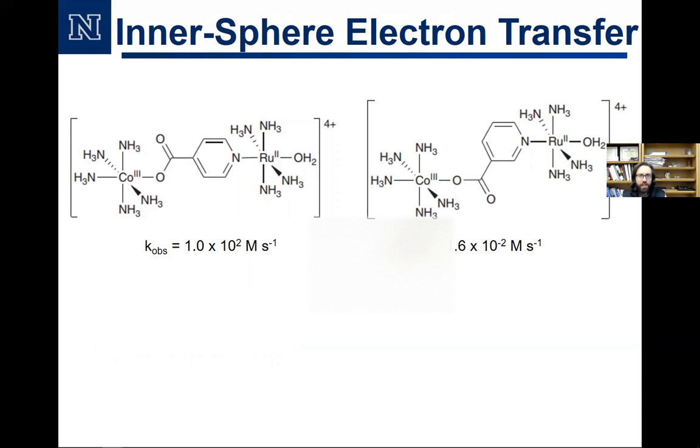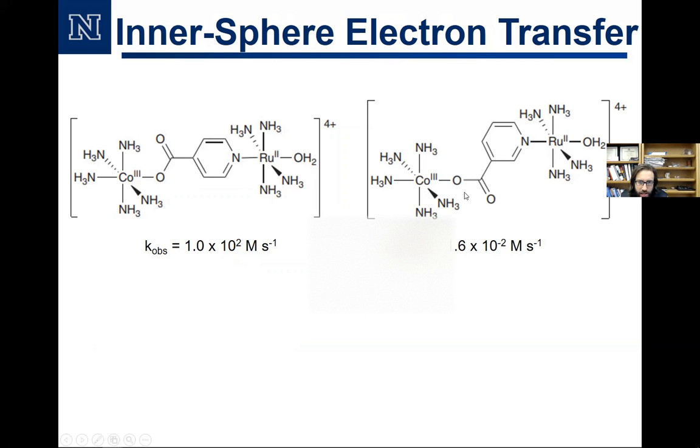So, with inner sphere electron transfer, there are some intricacies that can happen. In this case, you have two very different rates that are changing by a factor of 10 to the fourth. And this is an interesting case where you have two metals that are attached by a bidentate ligand, right?